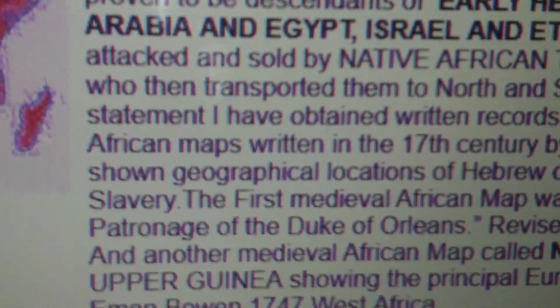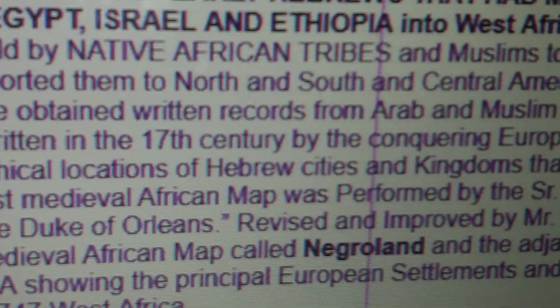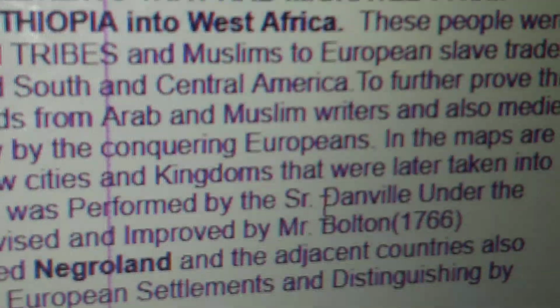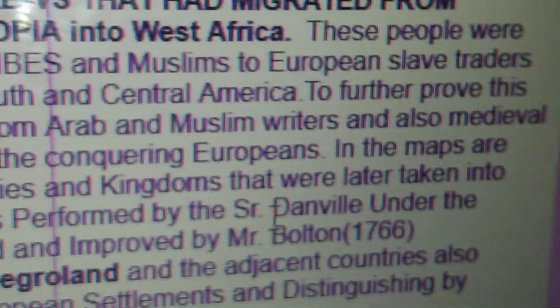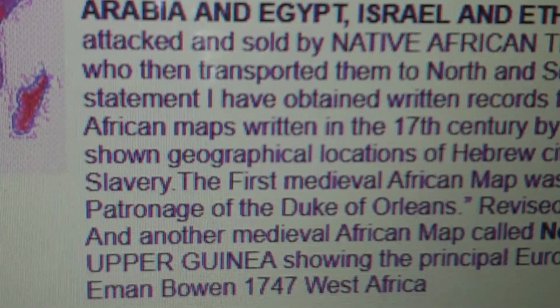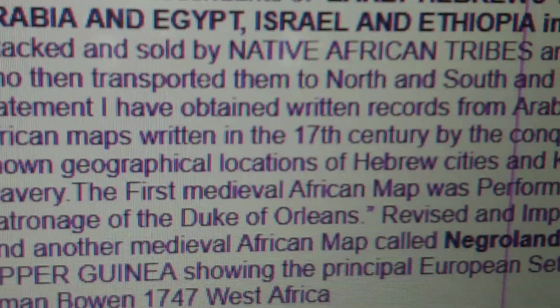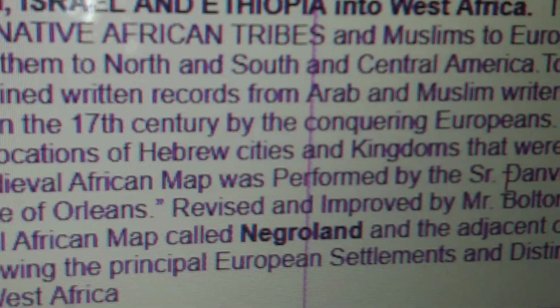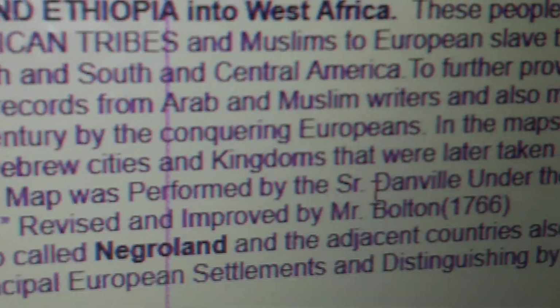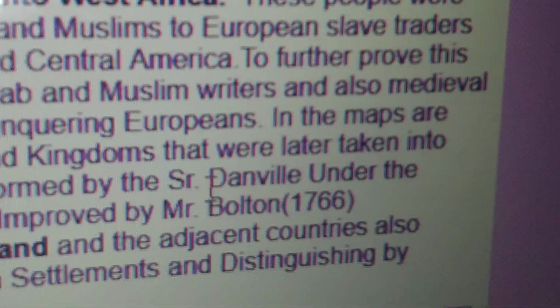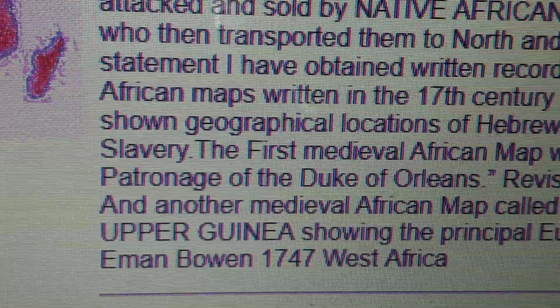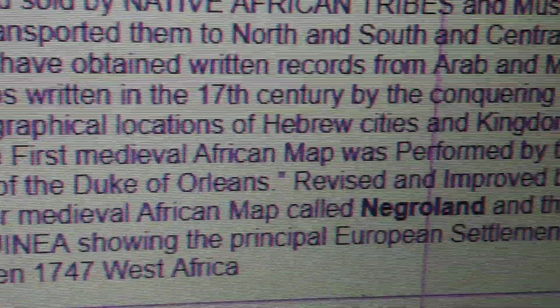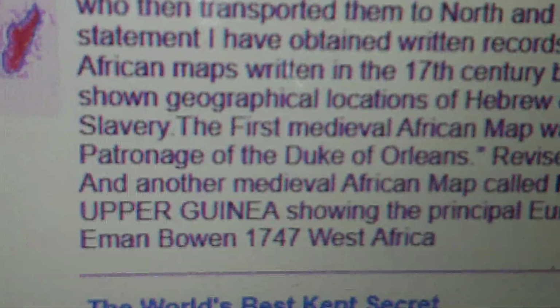To further prove this statement, I have obtained a written record from Arabs, Muslim writers, and also medieval African maps written in the 17th century by the conquering Europeans. And the maps are showing geographical locations of Hebrew cities and kingdoms that were later taken into slavery.